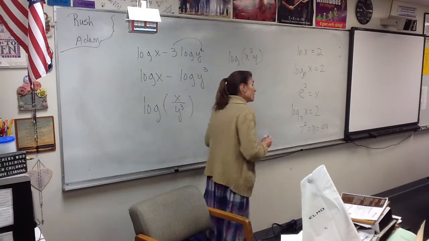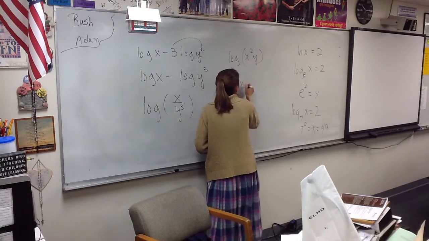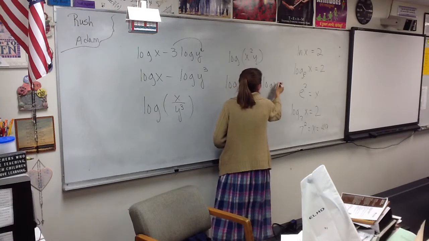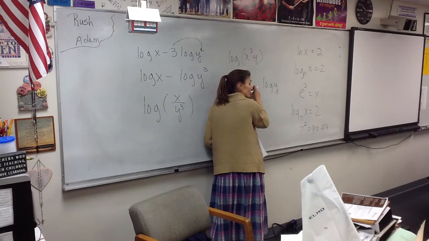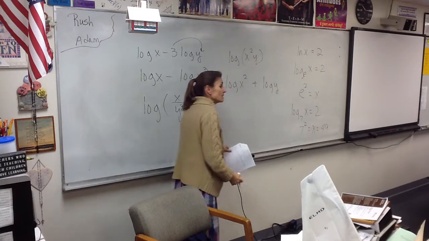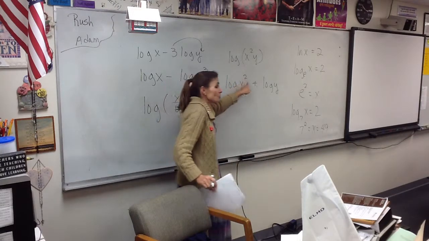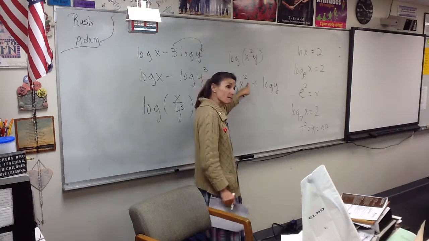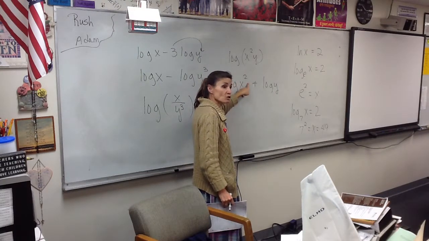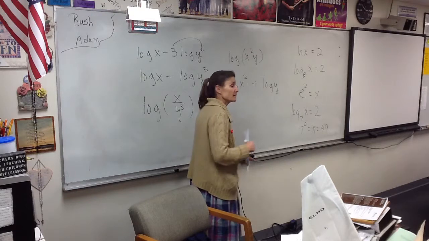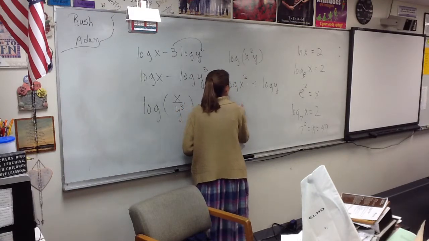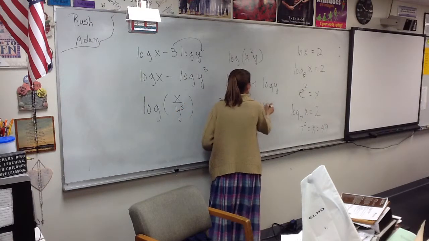So when I pull them apart, I will pull them apart as a what? What sign's going to be in there? A plus. Very good. But you aren't done. The 2 has to be dealt with. Where is the 2 going to go? Yes. So I'm going to have 2 log x plus log y.